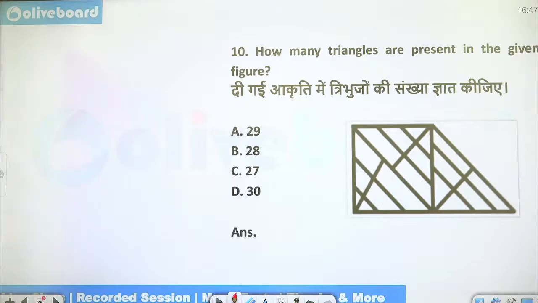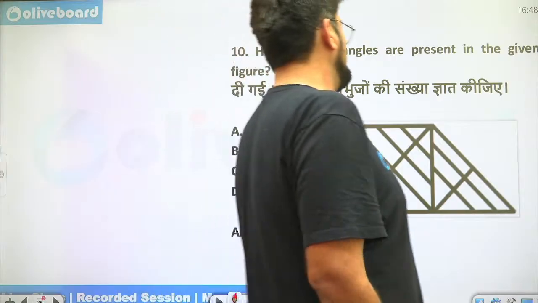Next. In this, if you see, there are 3 different types of figures again.